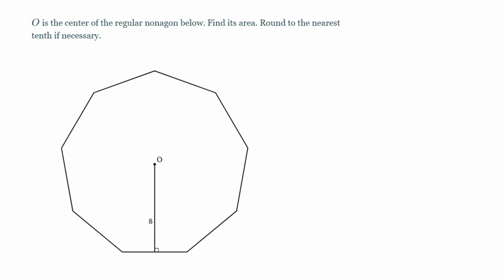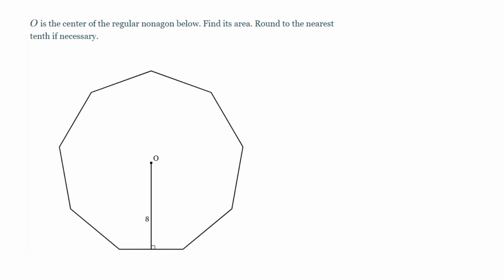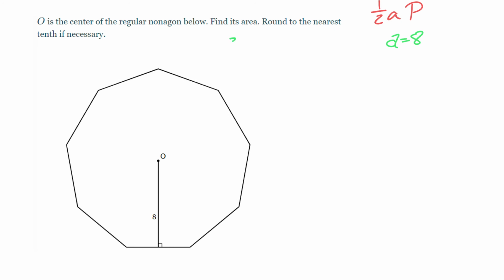All right, let's take a look at our last example. Again, this is the area of a regular figure, 1/2 apothem times perimeter. In this case, we are given the apothem again. So the apothem equals 8. So now we need to find the perimeter. This is a nonagon. We've already done this math. 360 degrees divided amongst 9 angles means each angle is 40 degrees.